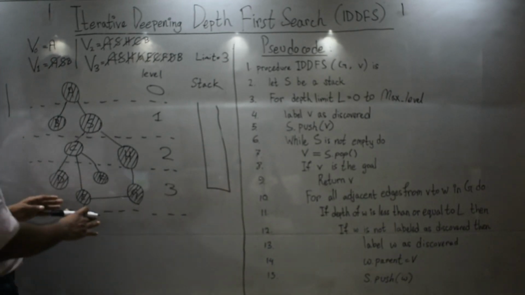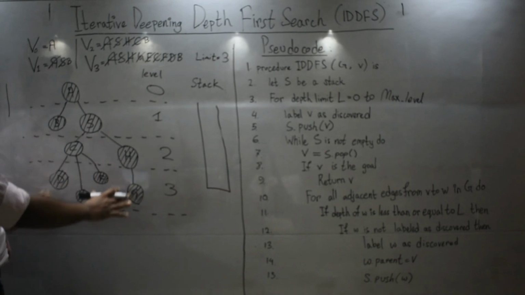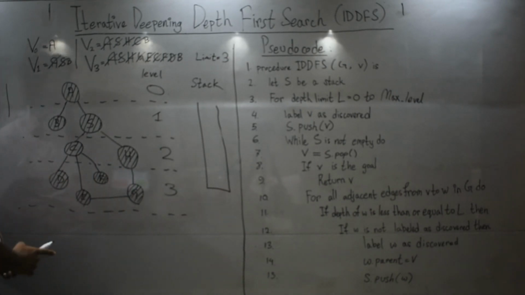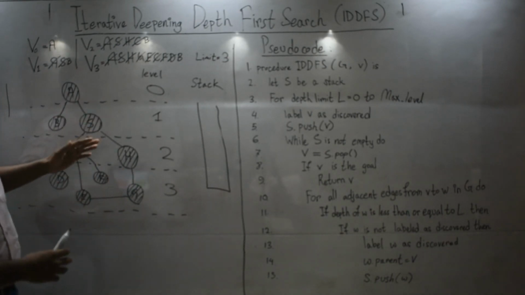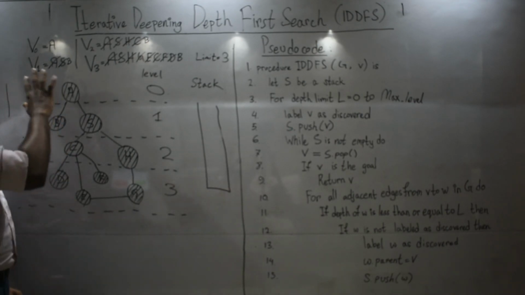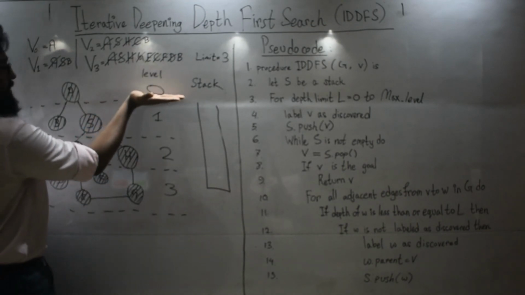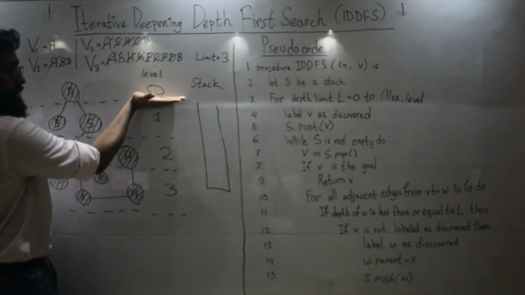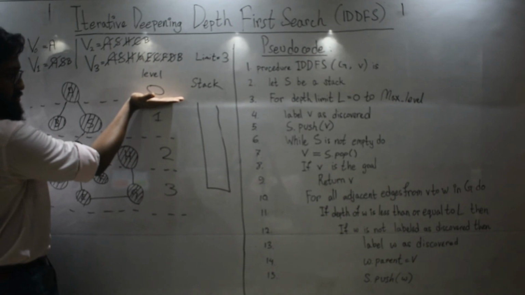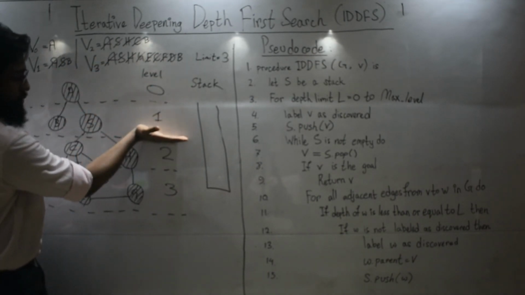And you can see that all of them have been discovered. Okay. So that is how you will basically do the iterative deepening depth first search. At first you will search using a level of 0, the first one. After that again you will do the entire search with level 1.